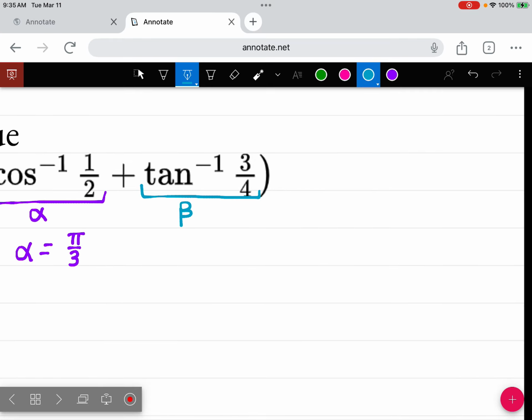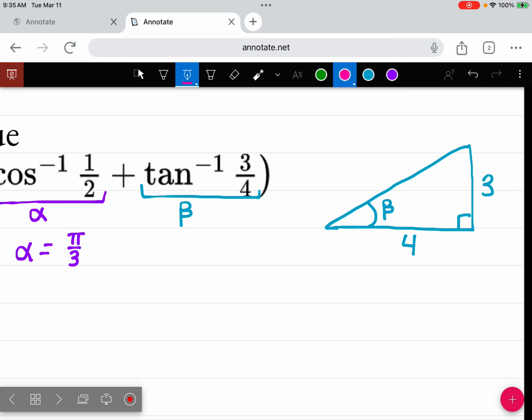So for our beta, we can draw our triangle here. I know this is tangent, so we have our opposite of 3, our adjacent of 4. And if we look closely, this is a 3, 4, 5 right triangle.